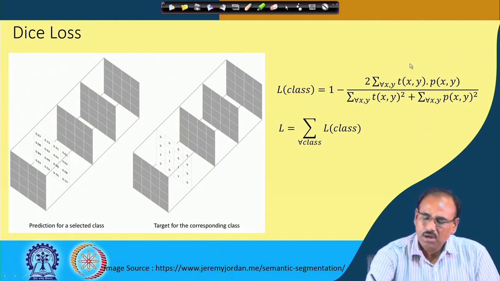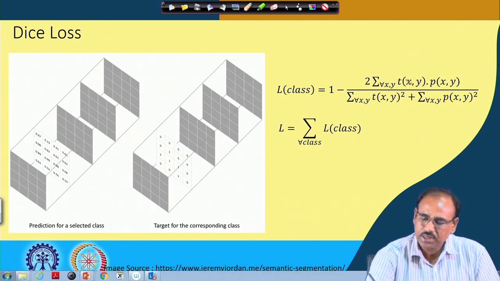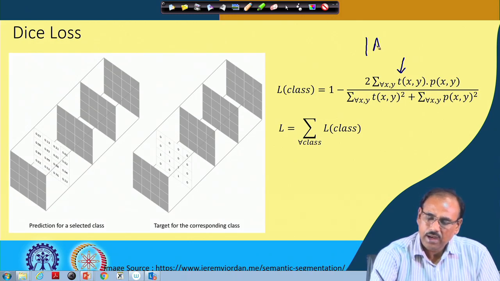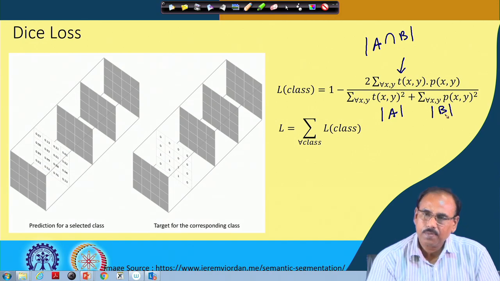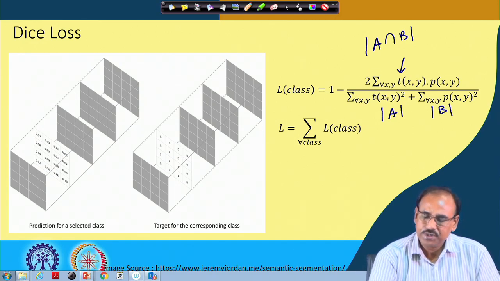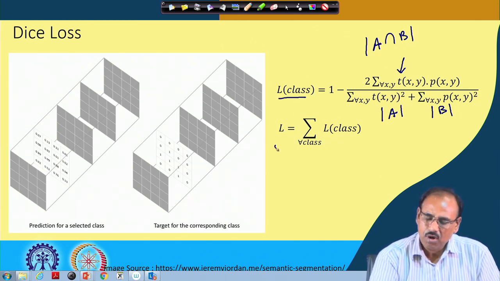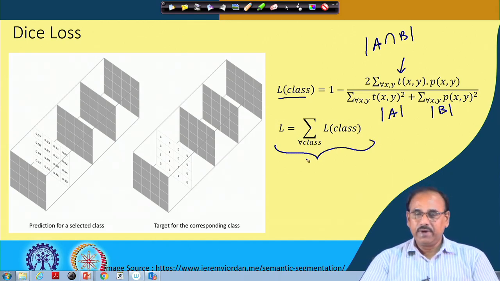You find that the numerator of this fraction corresponds to mod of A intersection B, and the denominator corresponds to mod A and mod B, and this is what is actually your dice coefficient. One minus the dice coefficient per class gives you the loss within the class, and if I take the sum of loss over all the classes, this gives me the overall segmentation loss.